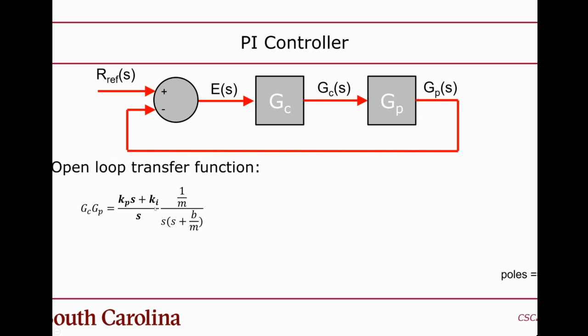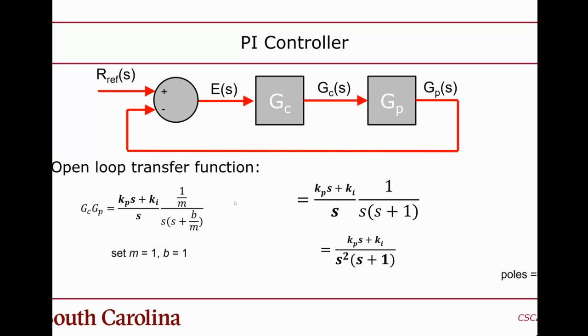You just take that and multiply it right up against the plant, and the plant model is the one that I worked out from the physics, from first principles. I set the mass to 1 and the coefficient of friction to 1 just to simplify this a little bit more. Then I did some algebra and multiplied those two ratios together, and I ended up with Kp s plus Ki in the numerator and s squared plus s plus 1 in the denominator, times s.